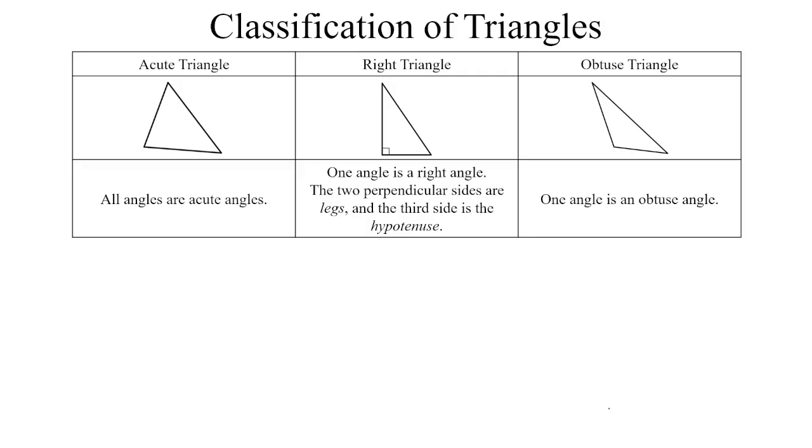So the right triangle has two legs and a hypotenuse. That's the only triangle whose sides have special names. The other triangles don't have special names for their sides. So finally, you have the obtuse triangle, where one of the angles is an obtuse angle, or more than 90 degrees.